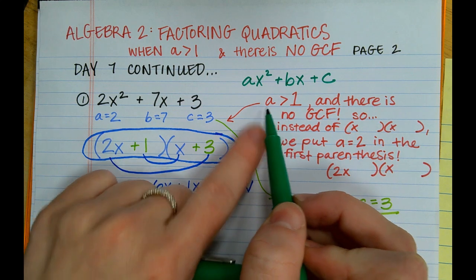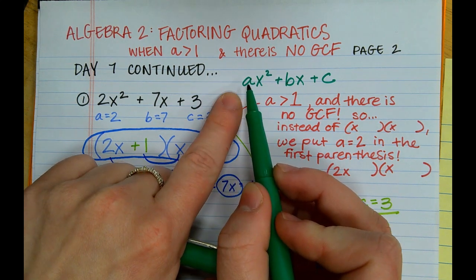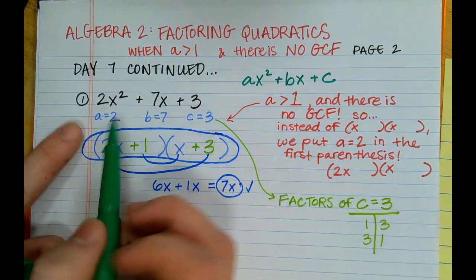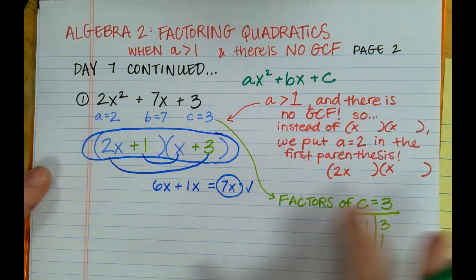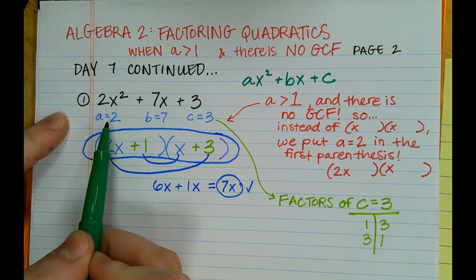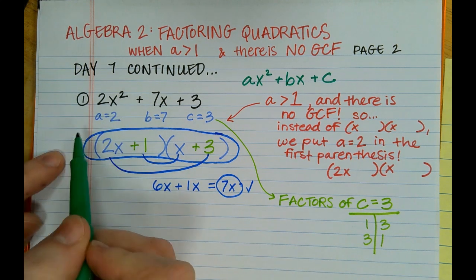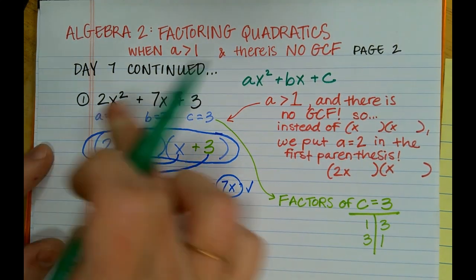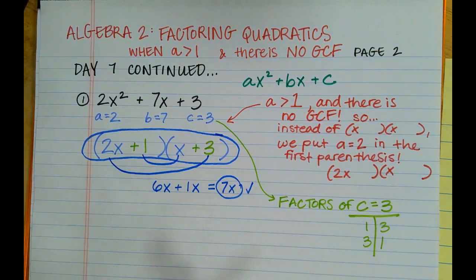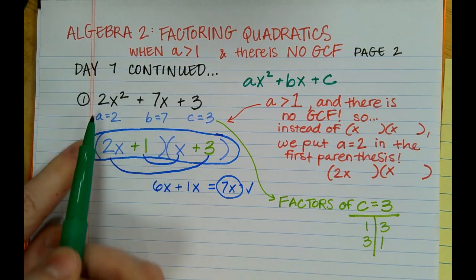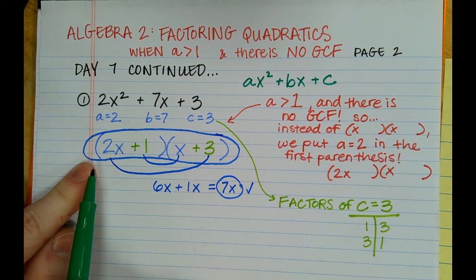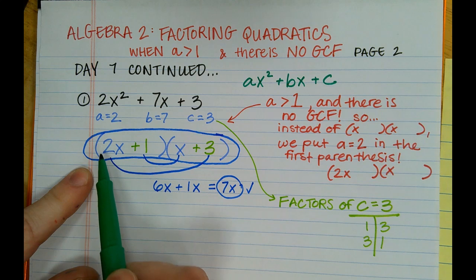And I'm saying that whenever my a is bigger than 1, and in this case it's 2, and I'm not able to get rid of that 2, I'm not able to put it outside of parentheses, divide every number by 2, and then get a equals 1, then I'm going to have to put a in my answer.